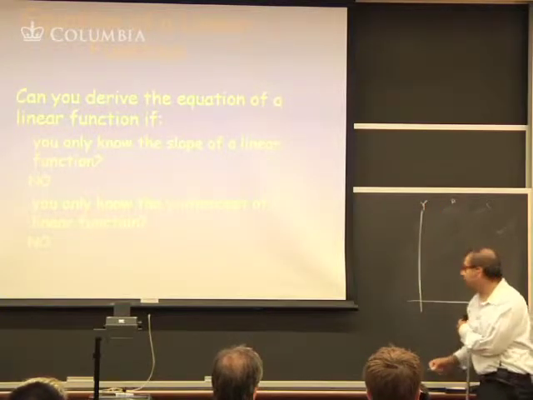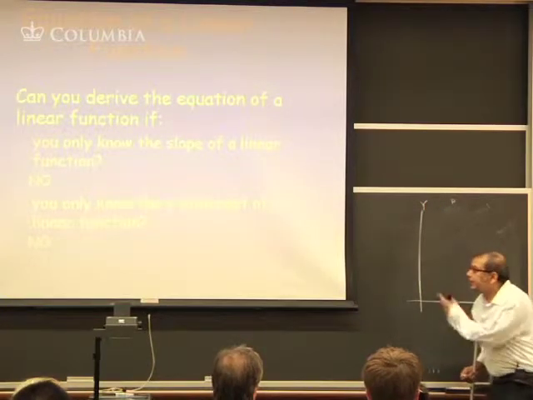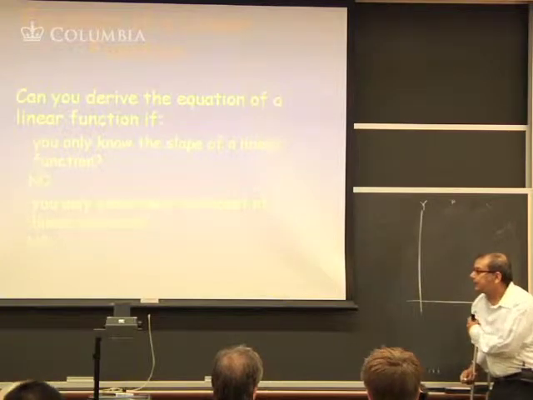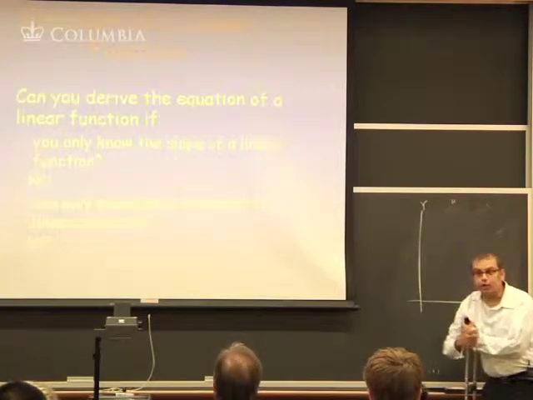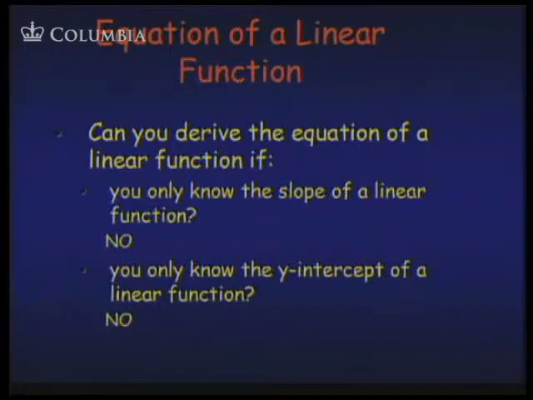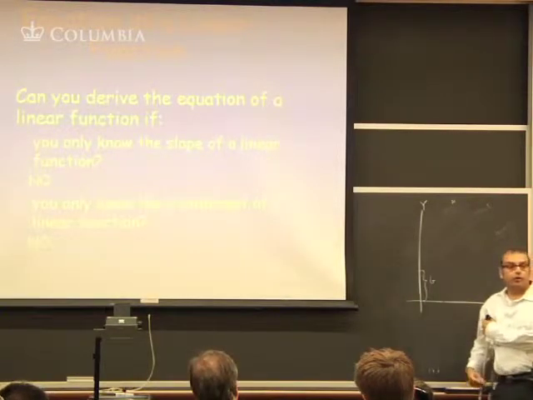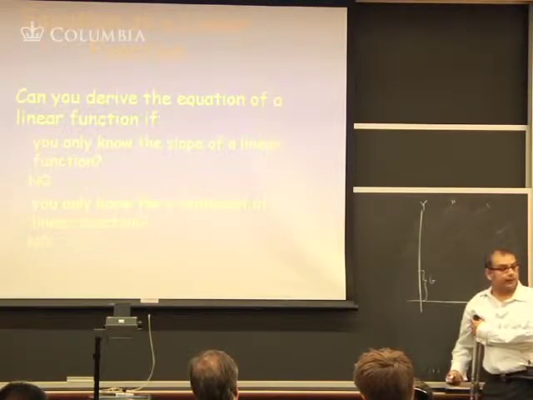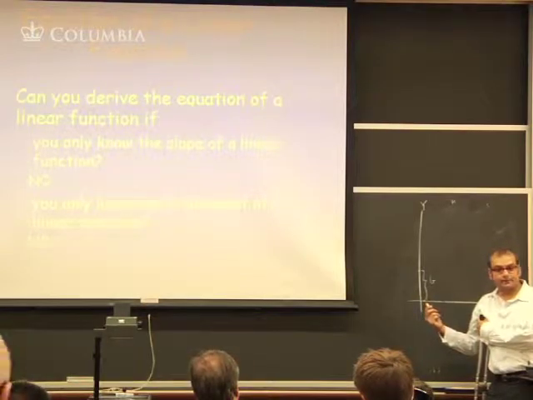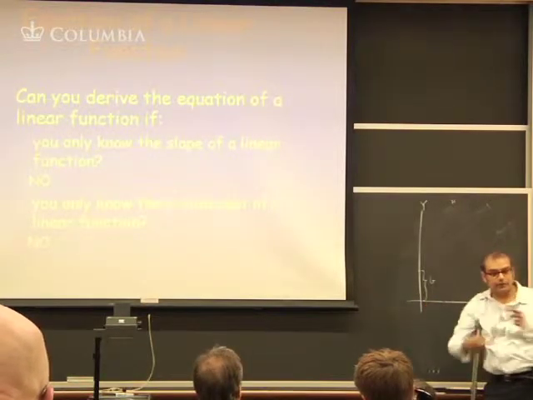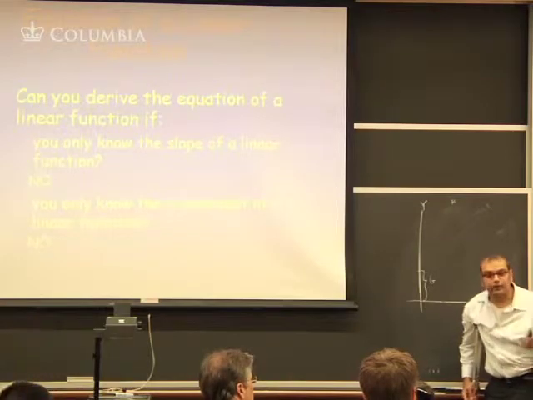Okay, can someone tell me, if you know the y-intercept of a linear function, so that means I know b, but I don't know m. So suppose that b is here. So I know that it crosses here. What are some of the different lines that would satisfy that? Sorry, what's your name? Monica.